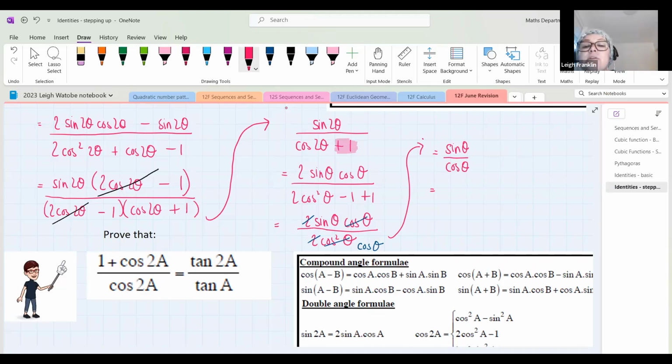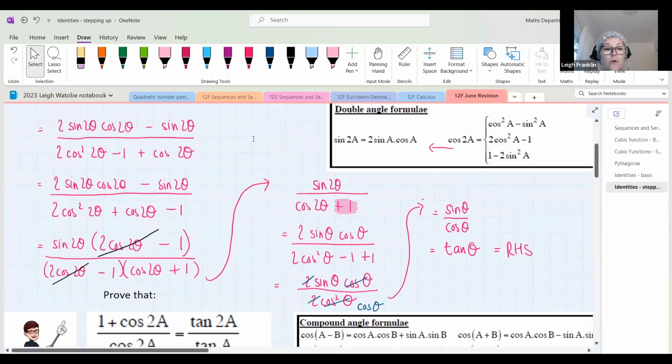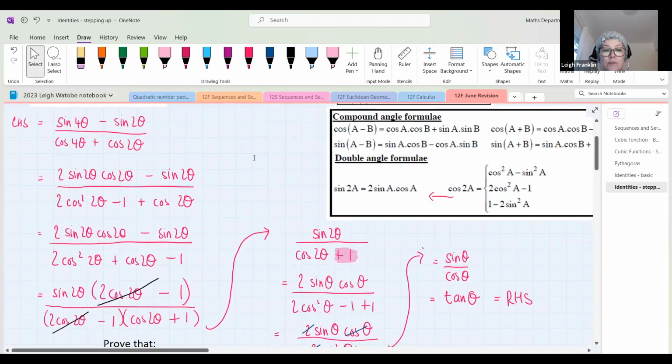We know that sine theta over cos theta is tan theta. Okay, and therefore it equals the right-hand side. Okay, so I'm just going to scroll up a little bit so that the whole thing is on the screen. We're just missing a little bit of the bottom, but I can always move it back down again.